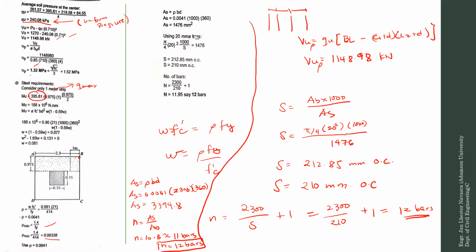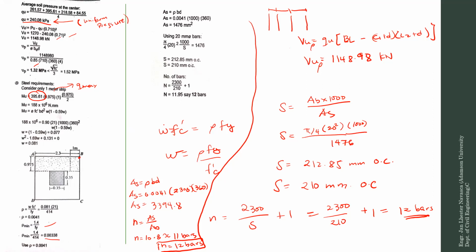Okay. So, kung kukunin nyo yung spacing nito, kung using itong isang solution, is basically, ang gagawin mo lang ay spacing is equals to AB times, hindi siya 1 meter strip. This time, kung considerin mo yung 2,300. Okay. Divided by AS, okay, you get your spacing.